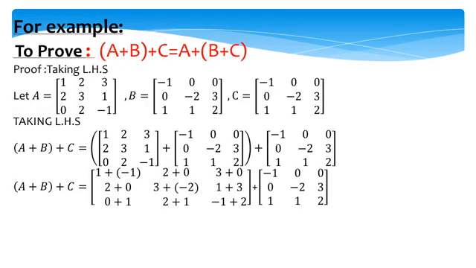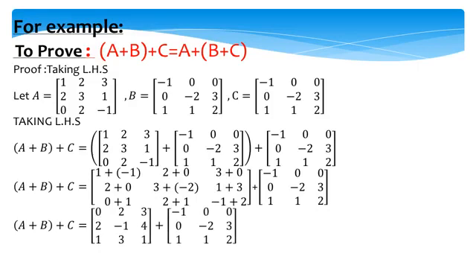Now we add A plus B: 1 plus minus 1, 2 plus 0, 3 plus 0, 2 plus 0, 3 plus minus 2, 1 plus 3, 0 plus 1, 2 plus 1, minus 1 plus 2, plus sign, and C matrix written as it is.